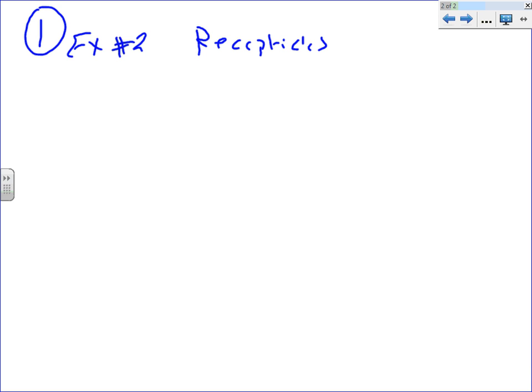So here's my next example. Example number 2 is receptacles, and we are still under non-continuous load, guys. Here's my question, and I'm going to start this one in a different way.